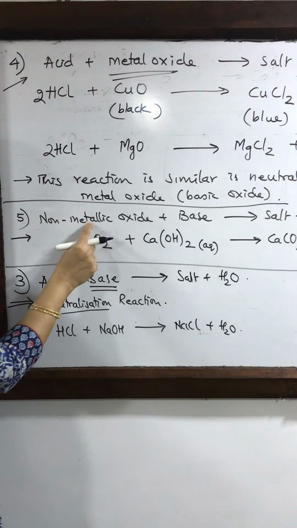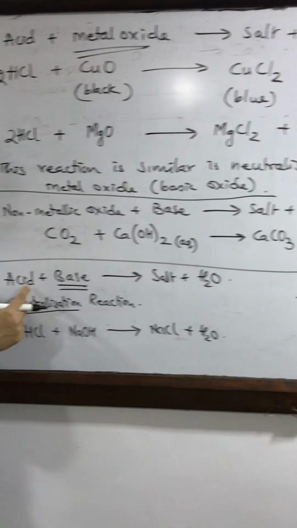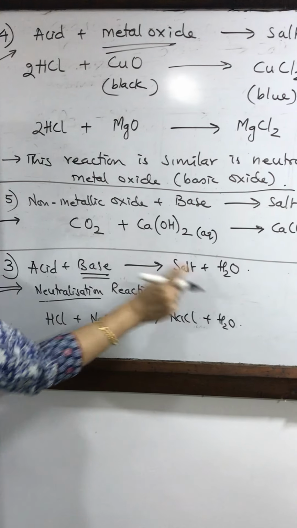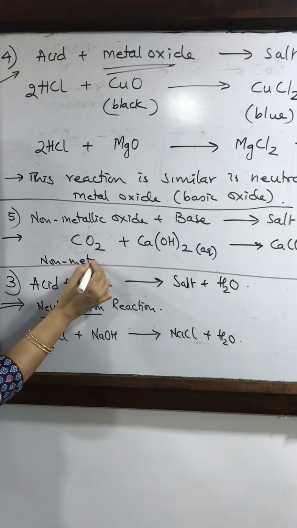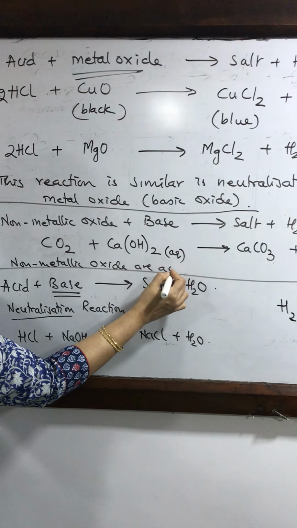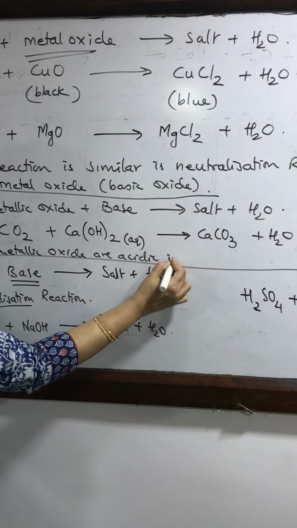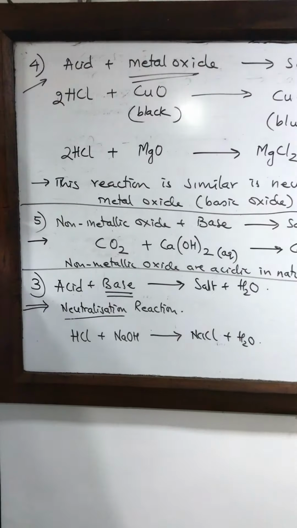And since non-metallic oxides react with base to form salt and water, like acids react with base to form salt and water, we conclude that non-metallic oxides are acidic in nature, which you have already studied as acid rain.